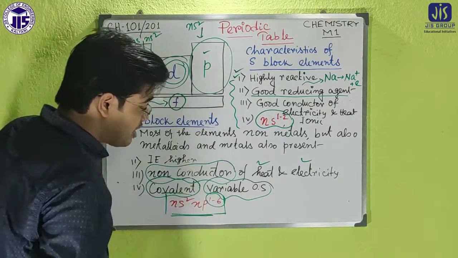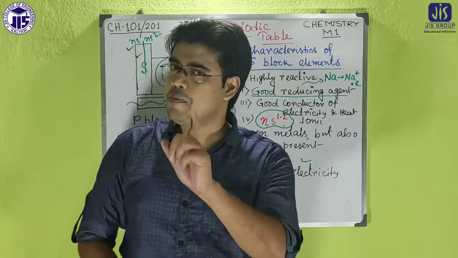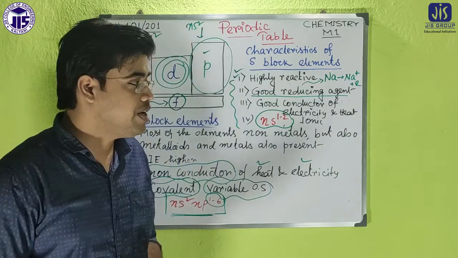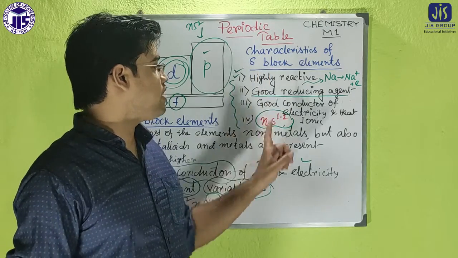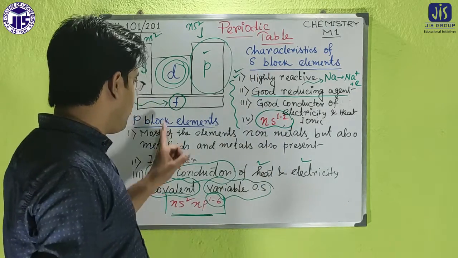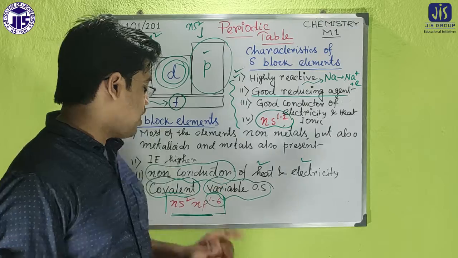You have to keep the general electronic configuration in mind for each and every block, which is very important. For the s block it is ns1 to 2, and for the p block it is ns2 np1 to 6.